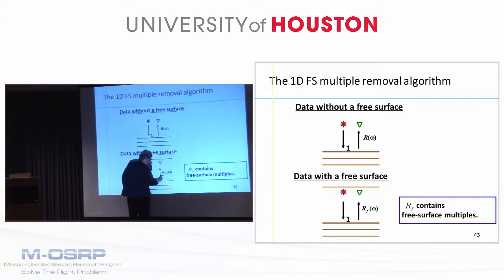If we can turn this into that, we've removed the free surface. This is the total up wave, meaning it's a primary, an internal multiple, a free surface multiple, yes? All of that is this. No ghosts, yes? The total up wave in the presence of a free surface.